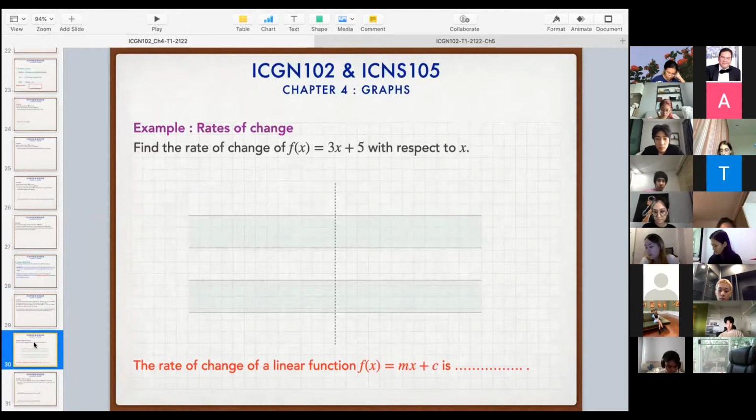There are many applications that we use to understand the rate of change, including in many of the science subjects, where we have to understand the rate of change.